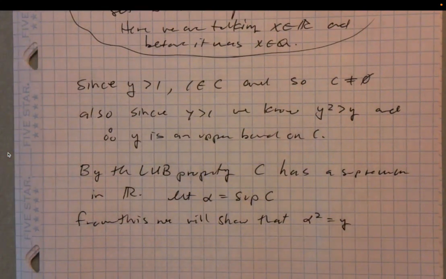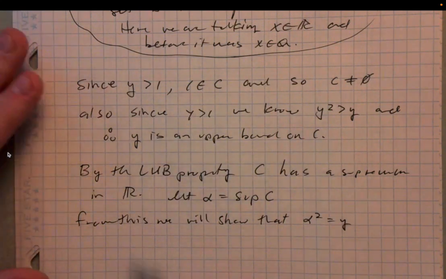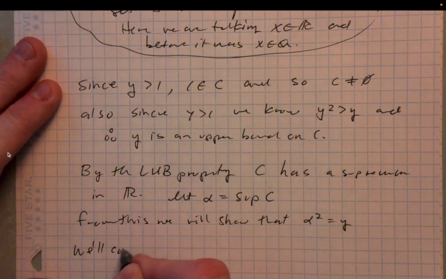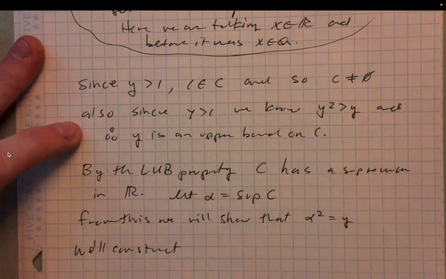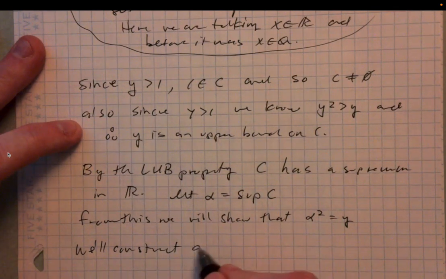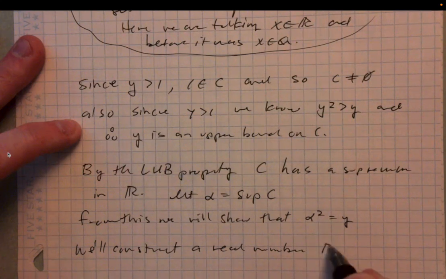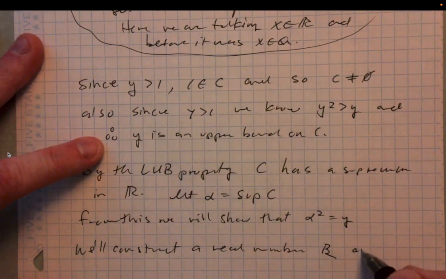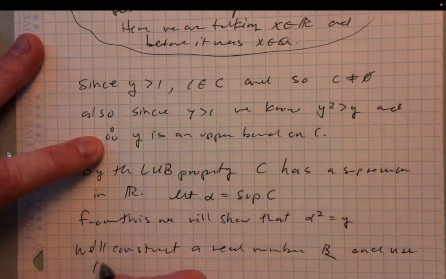Now this is going to run really similar to the proof that we saw previously with the rational numbers, except it's going to actually be a little bit cleaner. Okay, so we'll construct a real number beta and use it to derive a contradiction.